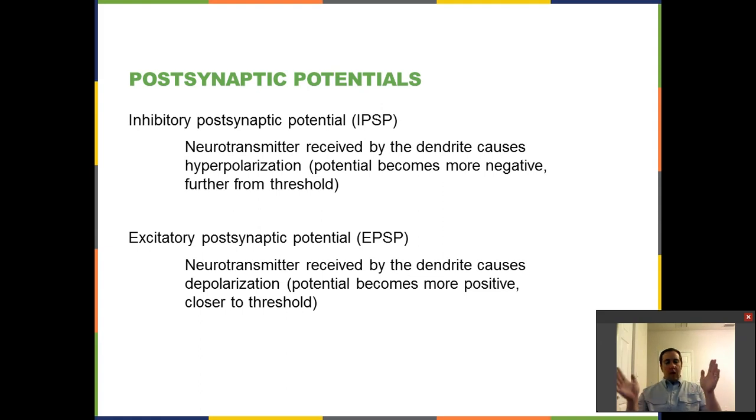Right. So she said the ligand comes in. That ligand is our neurotransmitter, like acetylcholine or ACh. It comes in and it binds our ligand-gated ion channel. The ligand-gated ion channel now opens. When that opens, what happens?